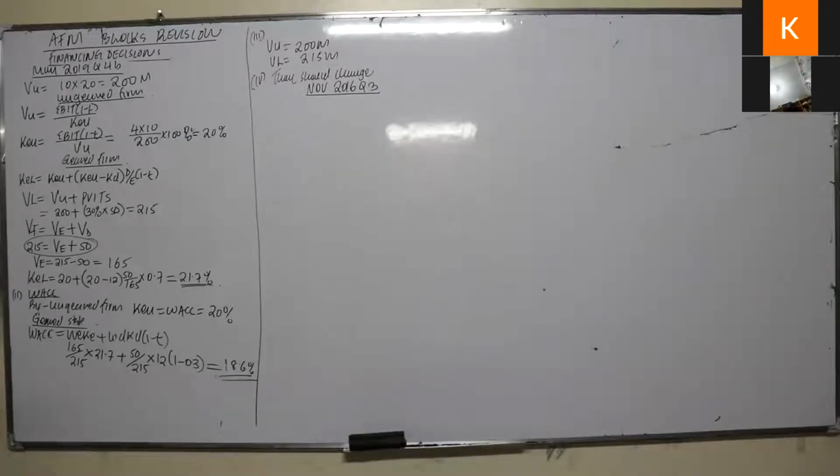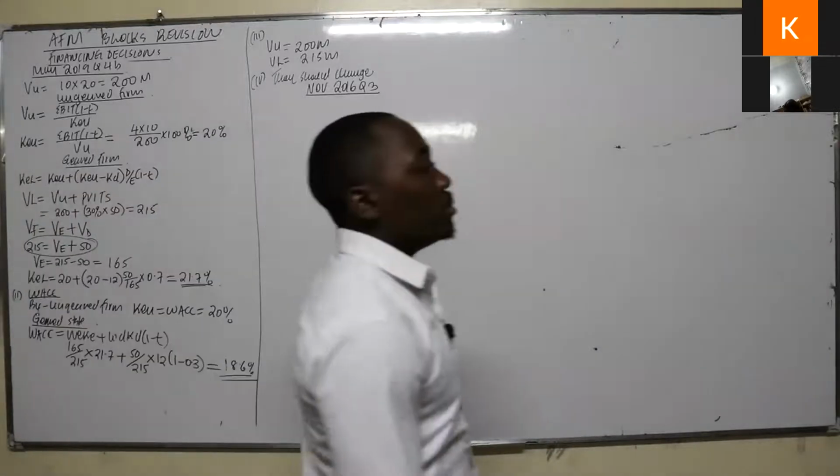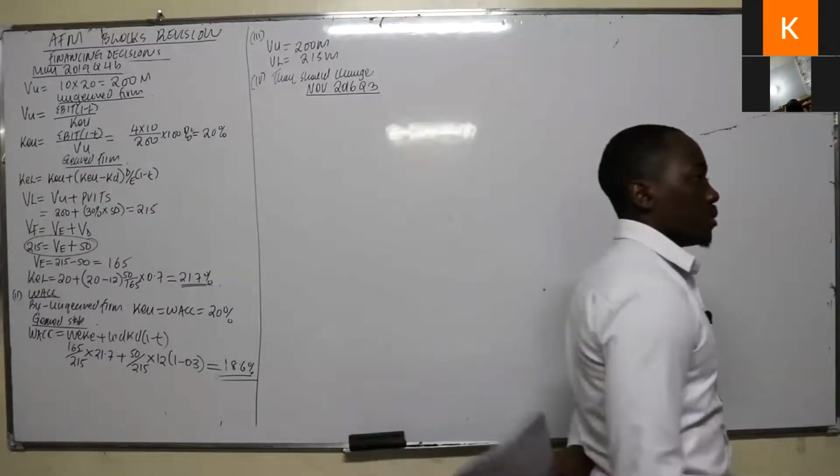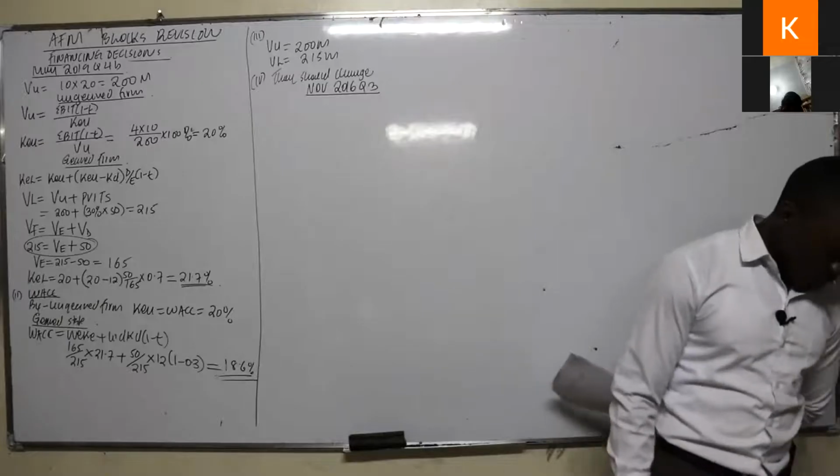Part A of the question: explain the assumptions of the traditional theory of capital structure. If you remember, you don't have to write.